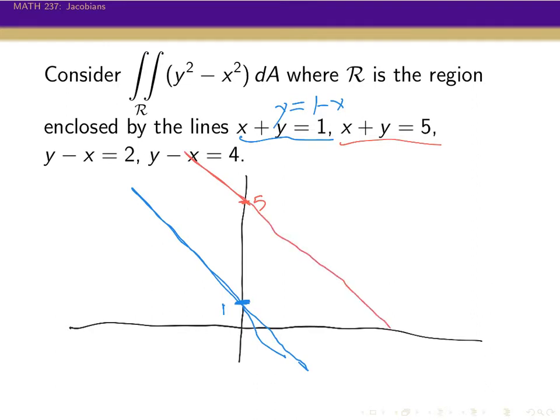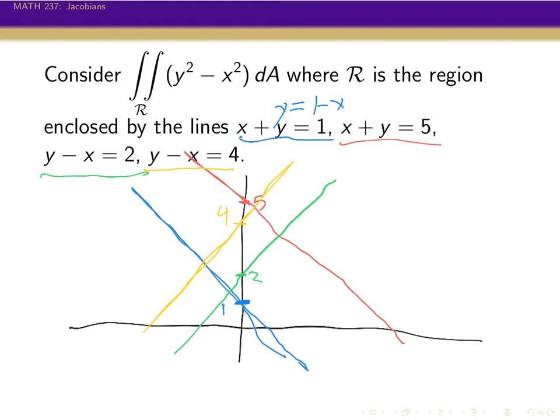So that's going to go down, look like that. y minus x equals 2. So this has y-intercept 2, but its slope is going to be positive 1. And then y minus x equals 4. Let's choose a different color for it. It has y-intercept 4 and slope positive 1.